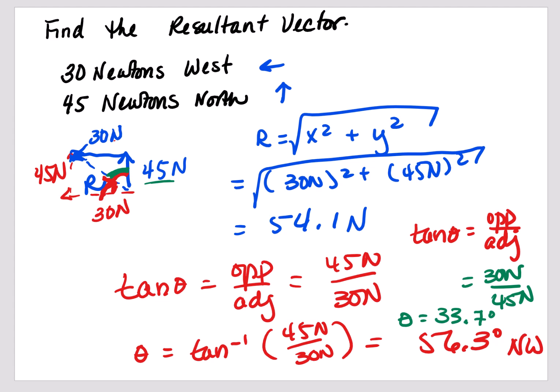And this one will be west north because I am measuring from the north going to the west. And if you notice, this is a right triangle. So this angle plus this angle should add up to 90 degrees. Either answer is correct, but you must give the correct direction.